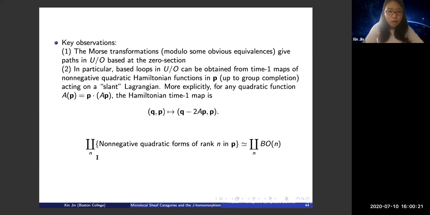Then up to homotopy, this is equivalent to just a disjoint union of BONs. So that's the connection. That's one way how Hamiltonian dynamics, or Hamiltonian functions, can give loops in U mod O. So then through this approach.